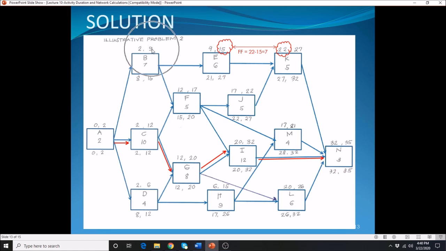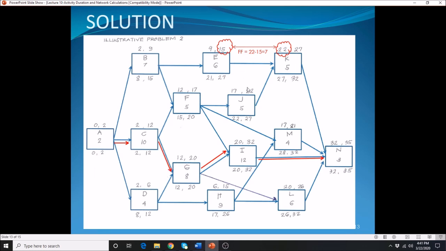Here we have 9 and 12, so you have 12. 12 plus 5 gives you 17. For activity G, coming from activity D and C, whichever is the maximum is the early start of activity G. In this case, it is 12.